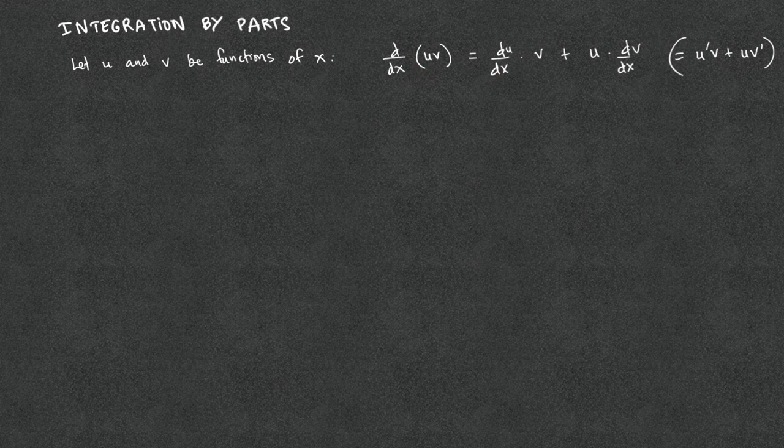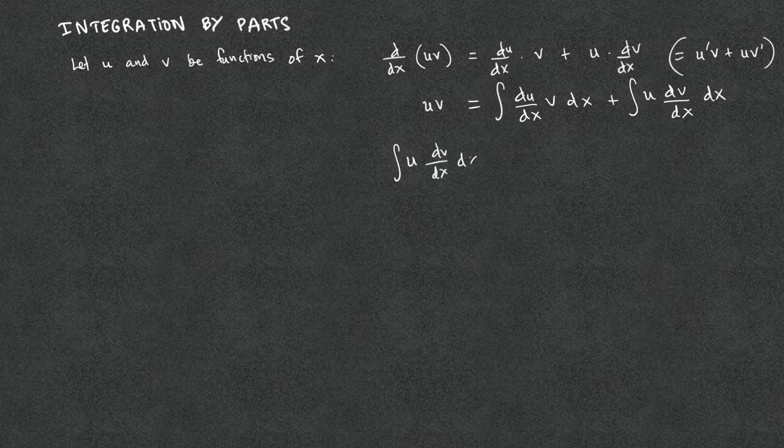This equation implies that the antiderivative of uv is the right-hand side, which is uv equals the integral of du/dx times v dx plus u times dv/dx dx. If we isolate the integral of u dv/dx dx, then we have uv minus the integral of du/dx times v dx.